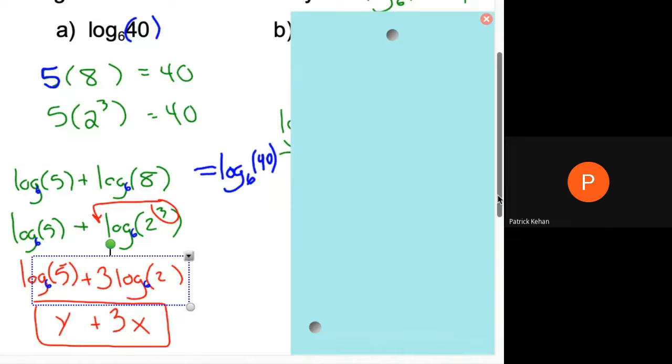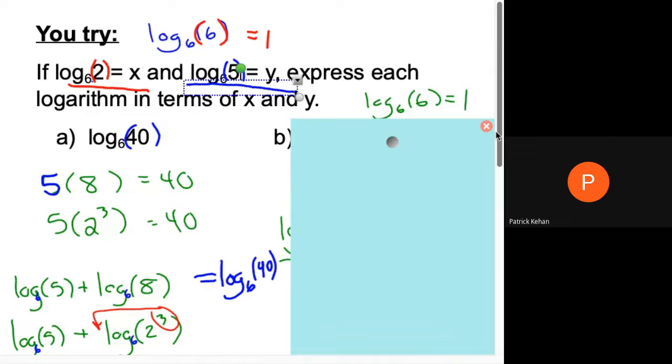Now that I have this, I can go back up and look at the values I have for log base 6 of 5 and log base 6 of 2 and incorporate that with my final answer down at the bottom. So log base 6 of 5 was given to us. It's equal to y. So I can replace log base 6 of 5 down here with y, and log base 6 of 2 is equal to x.